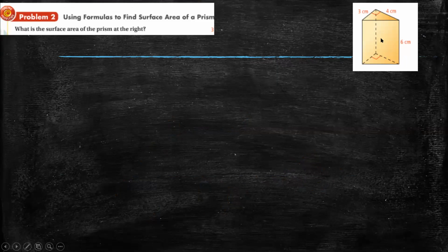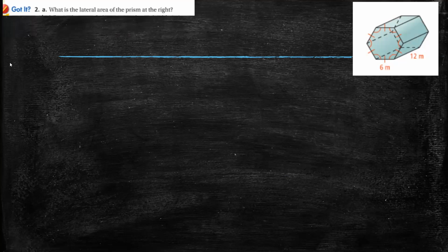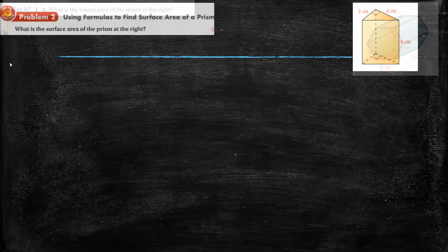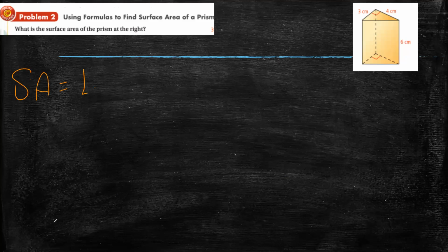These two triangles are the bases, and there are lateral faces that connect between these two triangles. Let's try now to find the surface area. So the surface area now is the lateral area plus 2 times the bases.